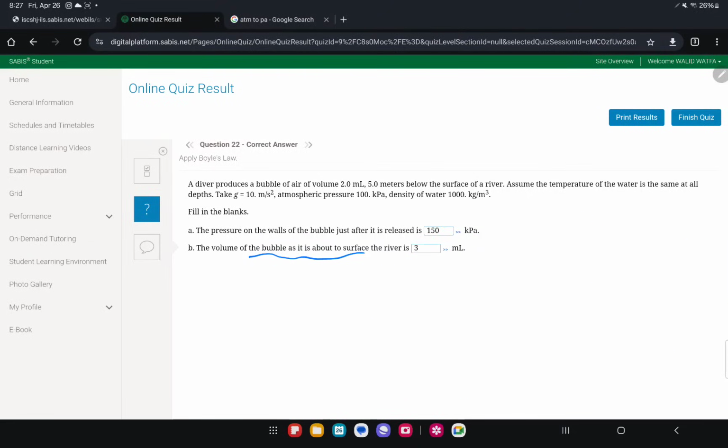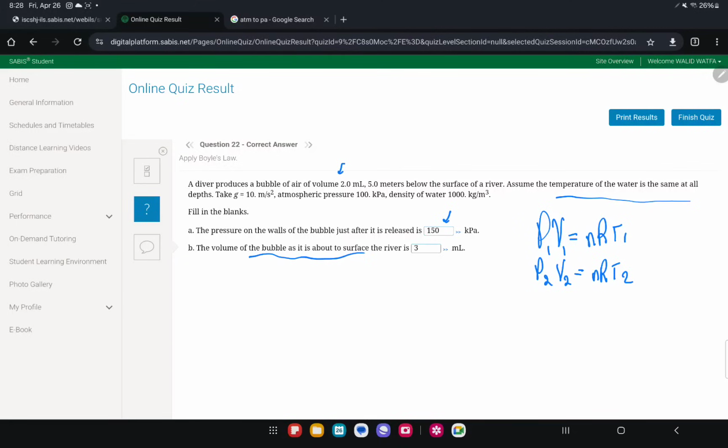Part B, I'm going to draw it again: the volume of the bubble as it's about to surface to the river. Since you have the pressure and the volume, and the temperature is constant, and n and R are both constant, when you're changing pressure and volume you have to use P1V1 equals nRT1 and P2V2 equals nRT2.